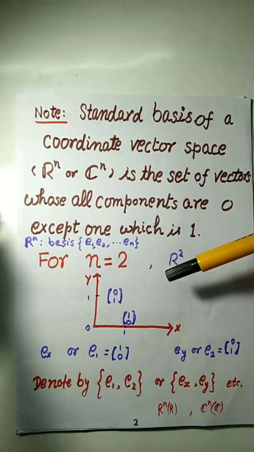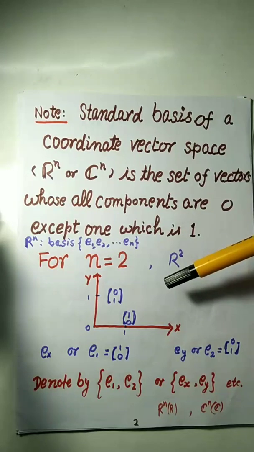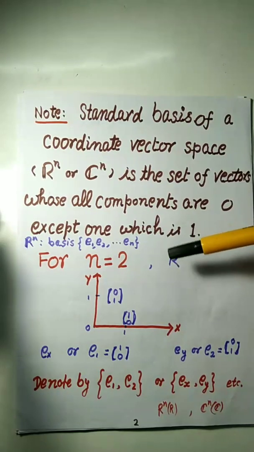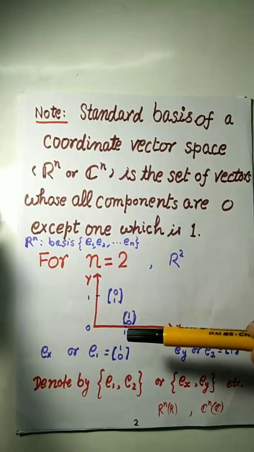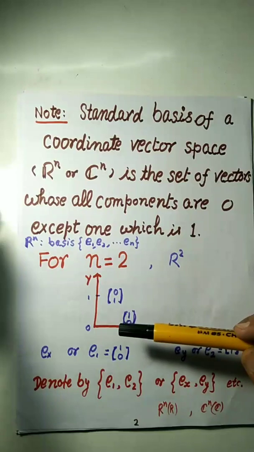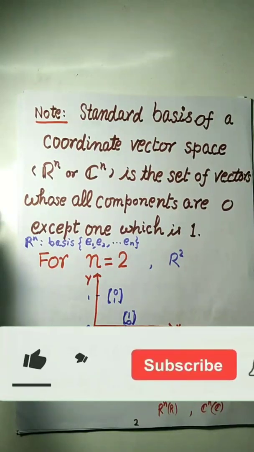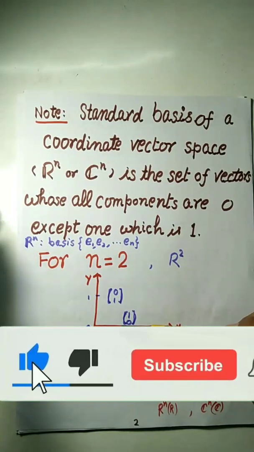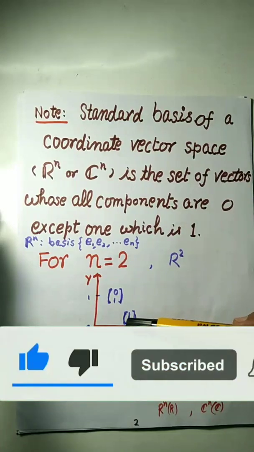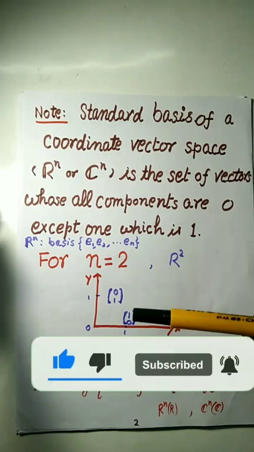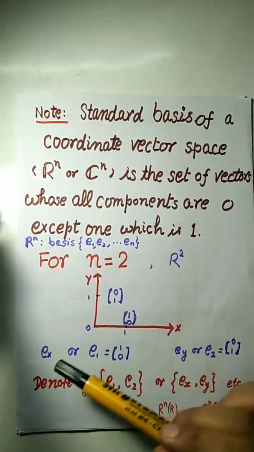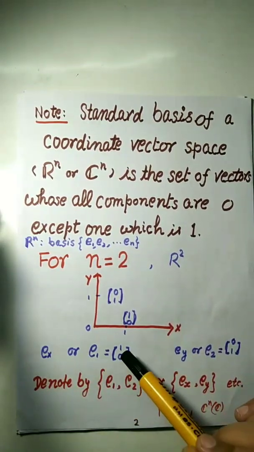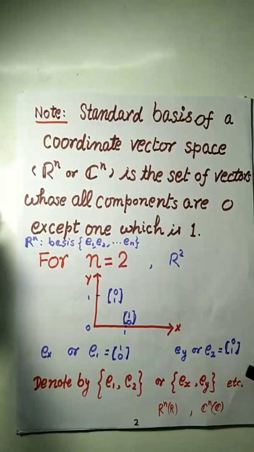For generalization, we will consider two space, n equals 2. If we consider from origin to x direction, one unit is here, therefore this point will be (1, 0). Similarly, in y direction, this point will be (0, 1). We can see e1 is (1, 0), similarly for e2.